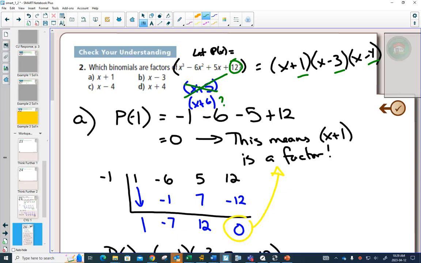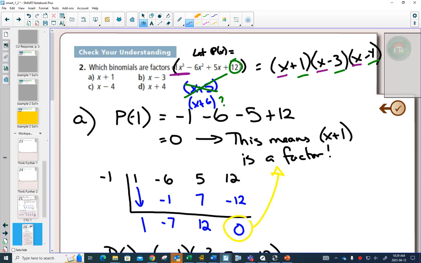Just in the same way that the x's, the first ones, give me x cubed. Your first ones multiplied together will always give you your first term. Your last ones multiplied together will give you your last ones. And all the mixes of the things in between will form a bunch of like terms that'll make the middle ones. But the first ones and the last ones are going to be important.